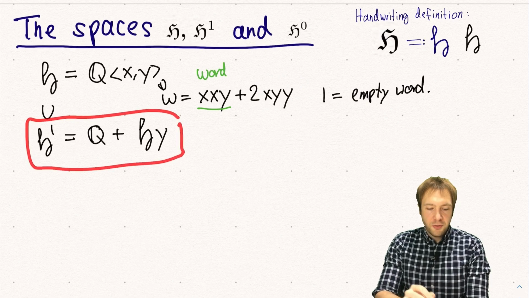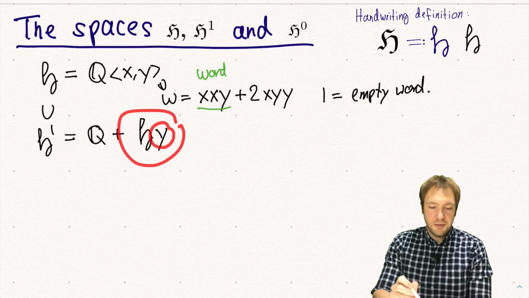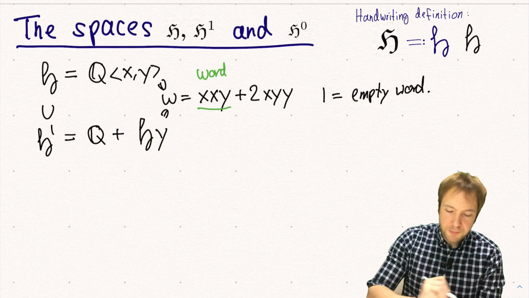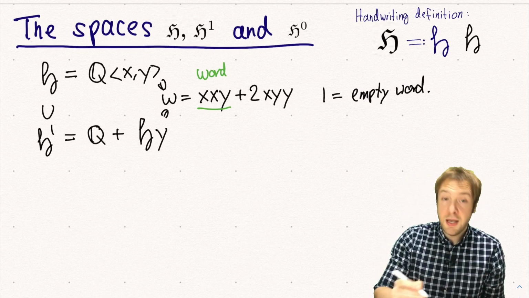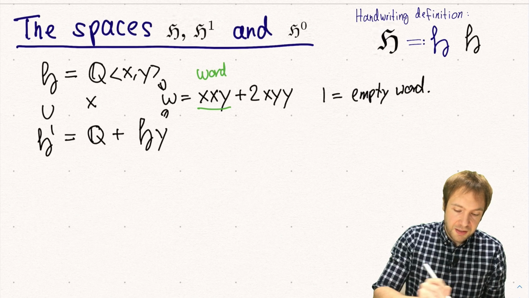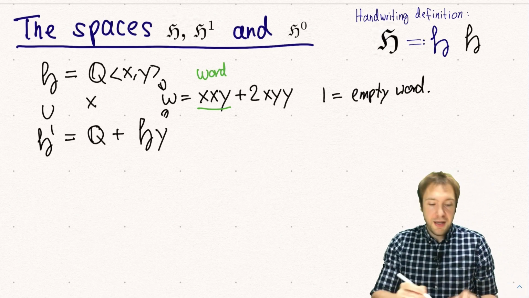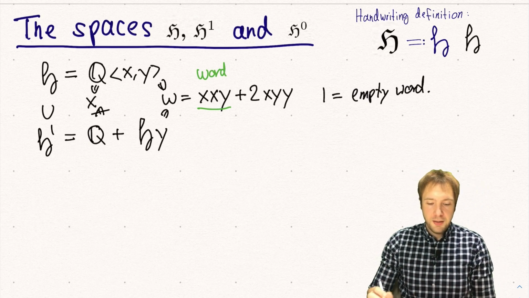And the h1 contains the empty word and all multiples of the empty word and all words which end in y. So for example, this w is an element in h1. But for example, this element here, the word with one letter x, is in h, but it's not in h1.